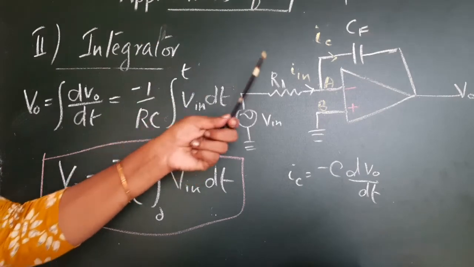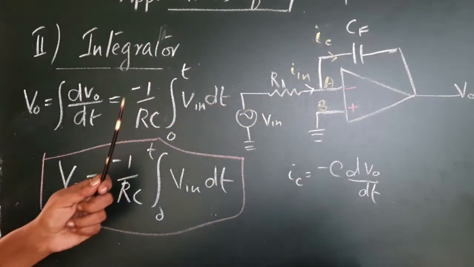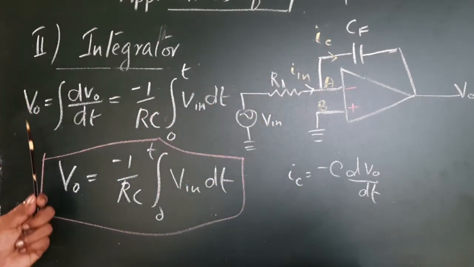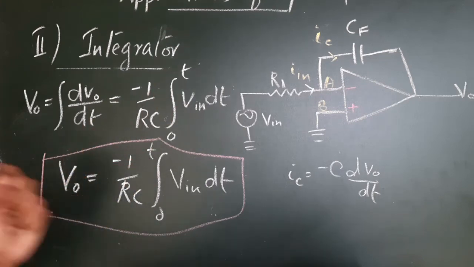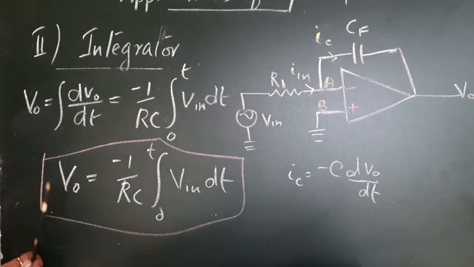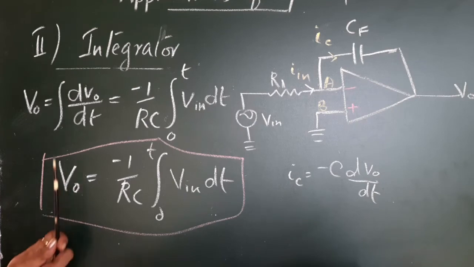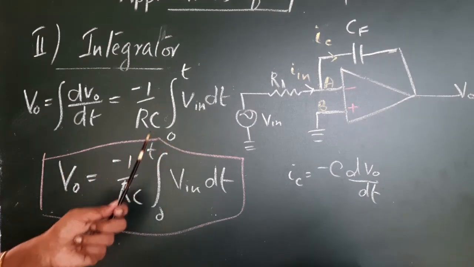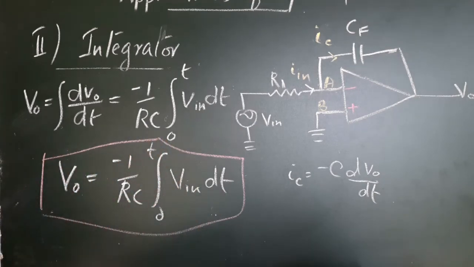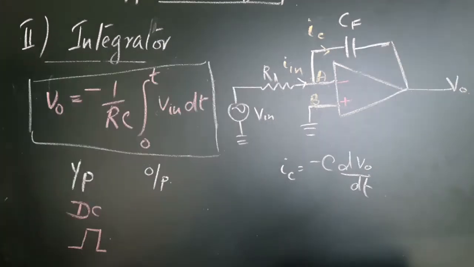So equating In equals IC, we got this expression, rearranged it and integrated it to see that the output voltage is proportional to the integral of the input voltage. So this is how an integrator works.